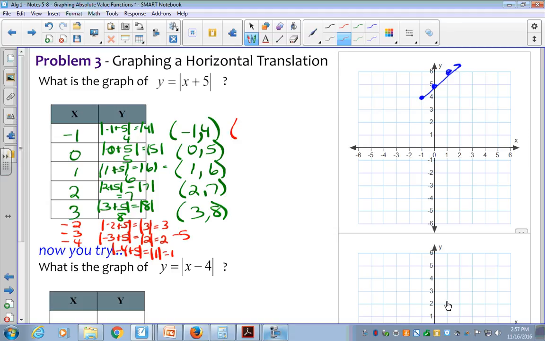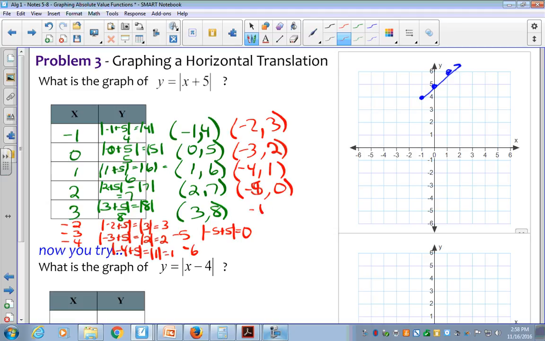So let me put those coordinates here: -2, comma 3, -3, comma 2, -4, comma 1, -5, comma 0, because the absolute value is -5 plus 5.